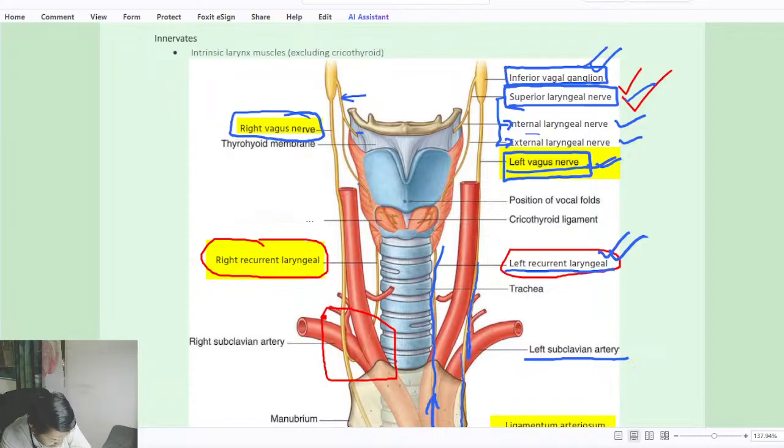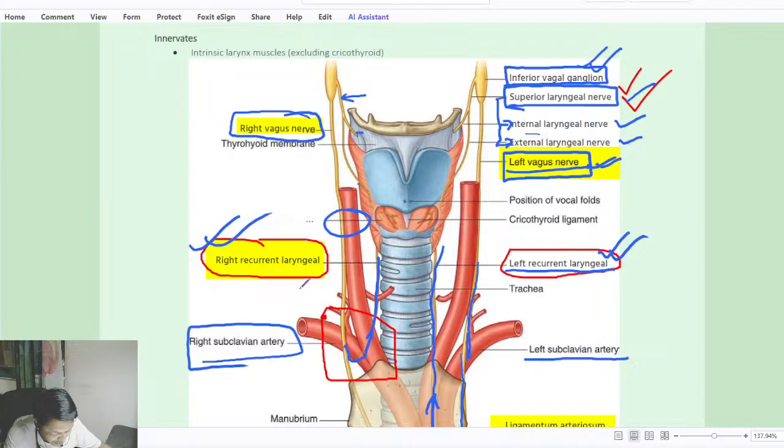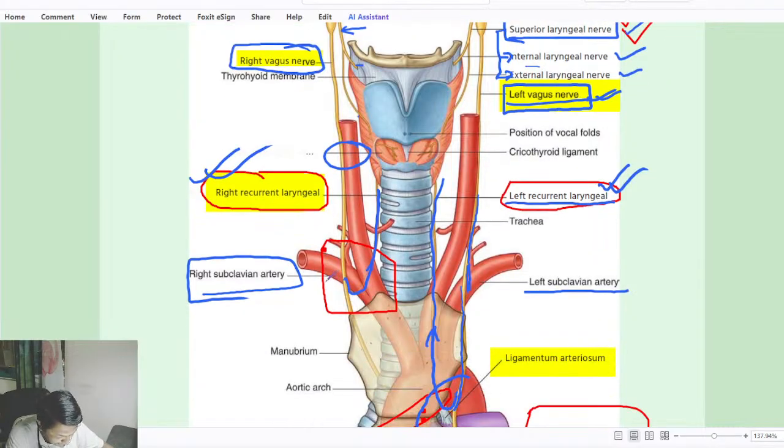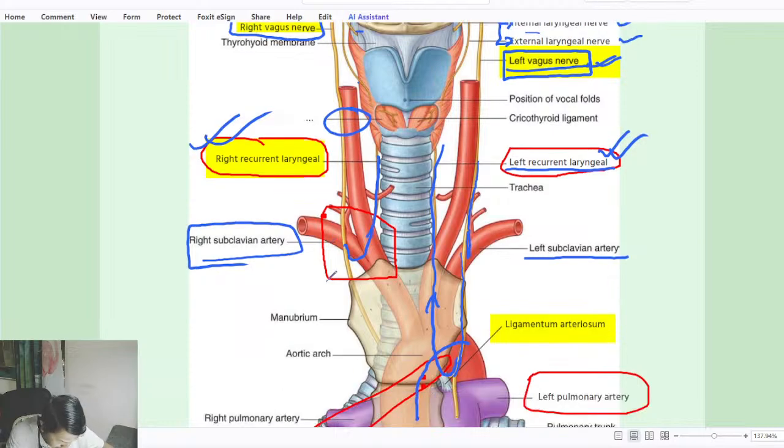Right vagus nerve in the neck region, remaining within the carotid sheath, comes anterior to the right subclavian artery, and just at this level, it makes a loop and goes up as the right recurrent laryngeal nerve. So left has a long route, it goes down till aorta, and right one only till subclavian artery.